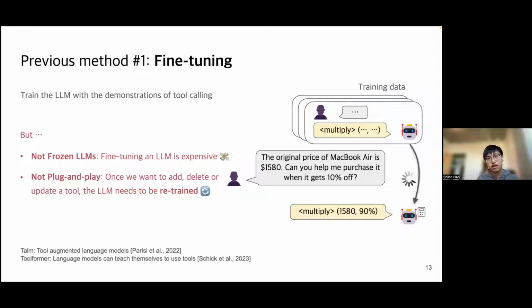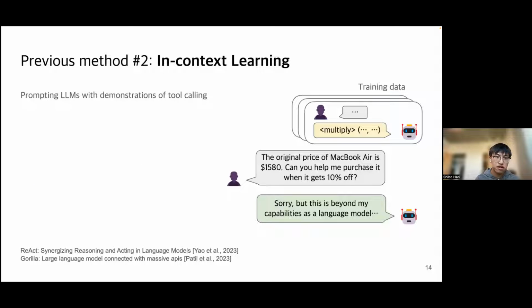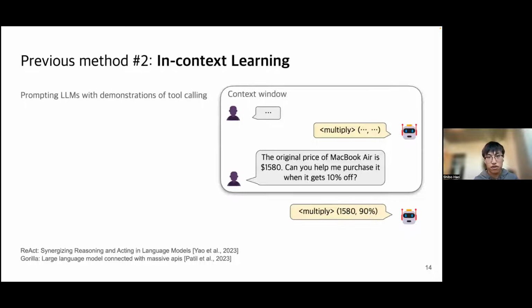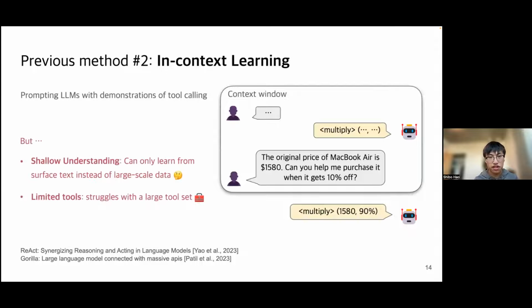However, fine-tuning LLMs can be really expensive, and every time the toolset is updated, you need to retrain the LLM, which exacerbates the problem. An alternative method is in-context learning, which directly prompts LLMs to follow tool-using demonstrations in the context.